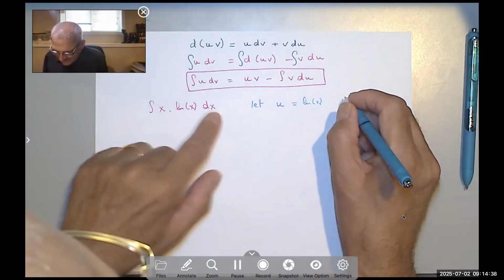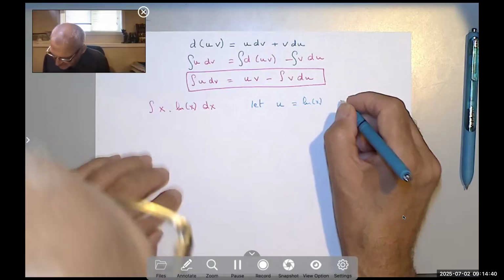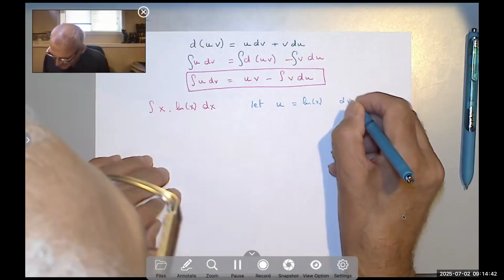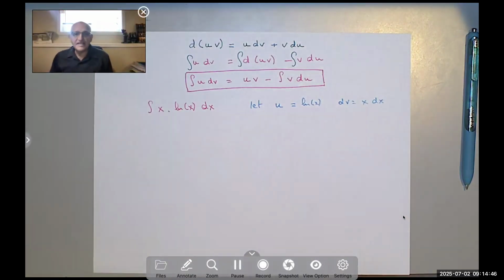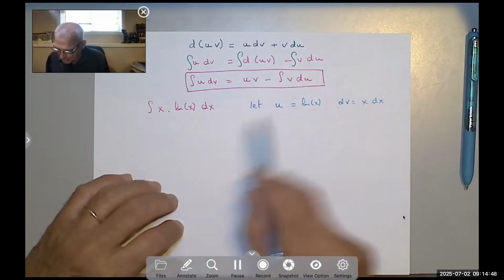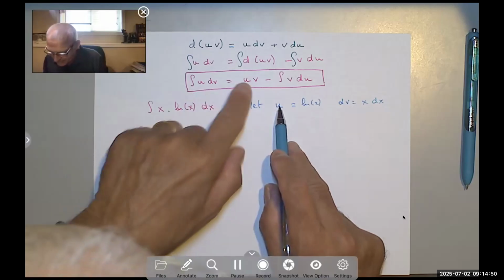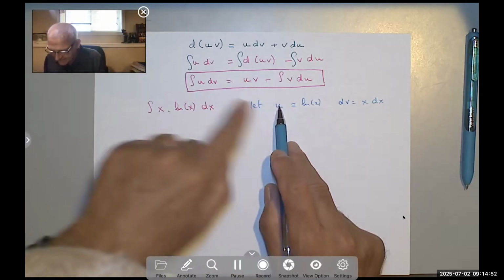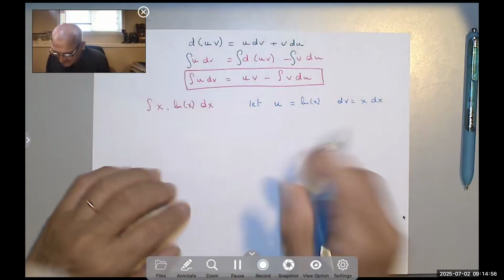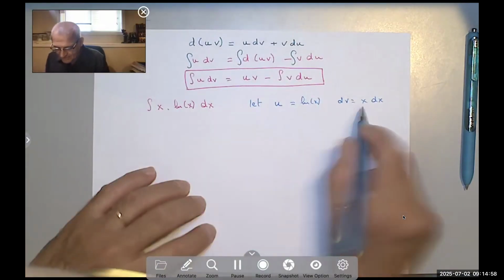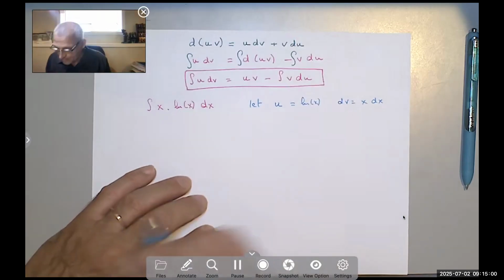And the one that I can integrate, which is x dx, dv equals x dx. Then I have to find the other. So here is u, here is dv. So I need to find du and I need to find v to have all four components.